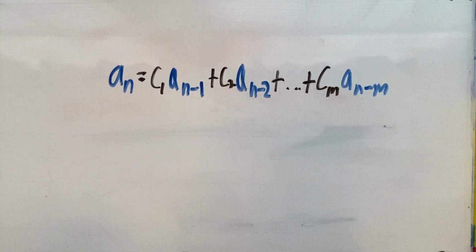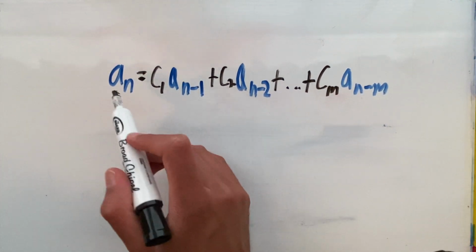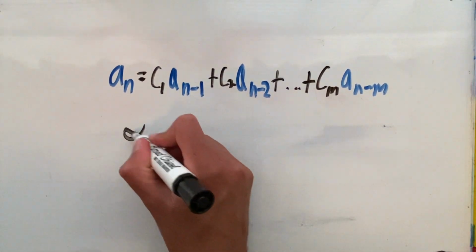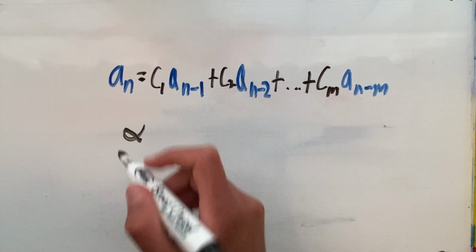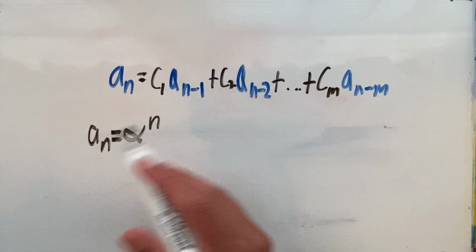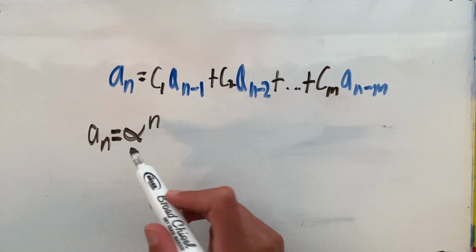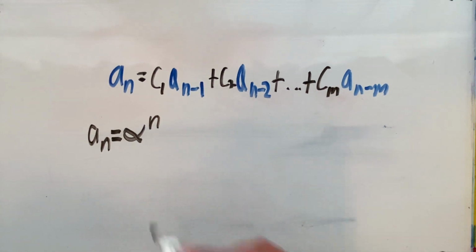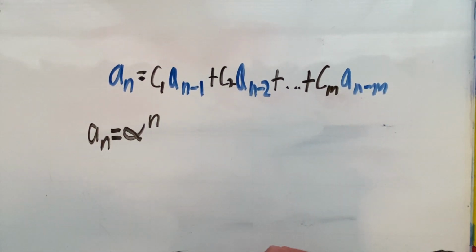So essentially the method that you want to use is assume that there's some number alpha such that a sub n equals alpha to the n for all n. You just assume that there's some number like this. This is meant to be an alpha. It's kind of poorly drawn.